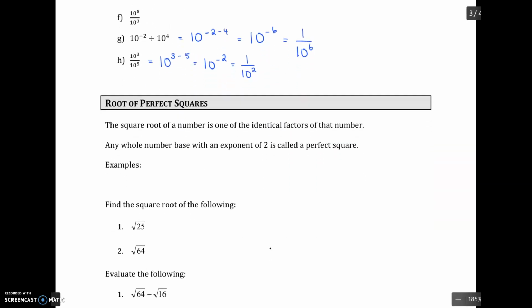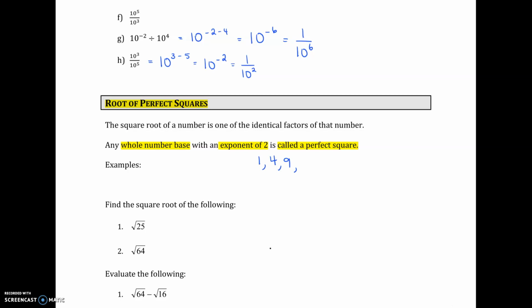All right, one more concept, roots of perfect squares. So any whole number base with an exponent of 2 is called a perfect square. Let's list some of those perfect squares. 1, 4, 9. I hope you know what I'm listing here.